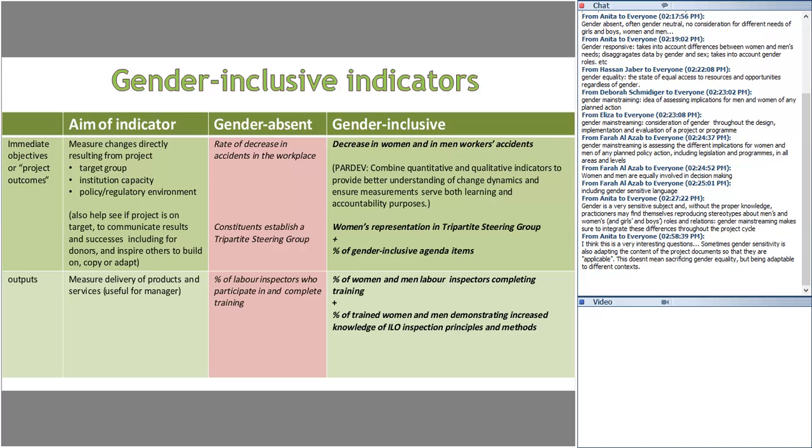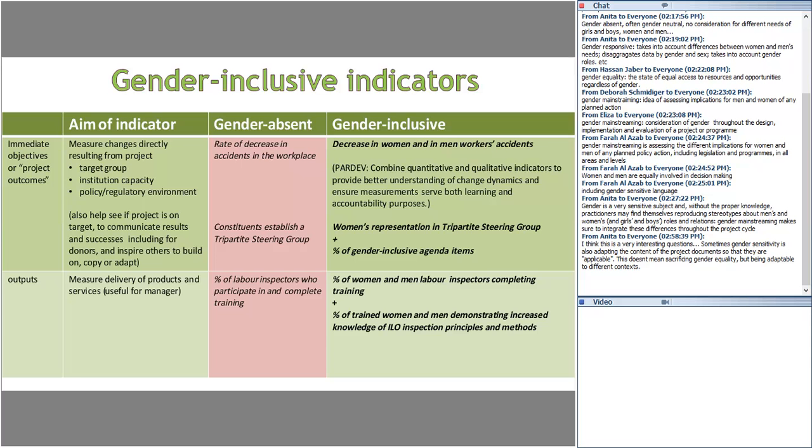Next to that, in the green row, using no more words than that one, I've given you a gender-inclusive quantitative plus qualitative indicator. The first part of the puzzle is women's representation in the tripartite steering group. It's understood that a tripartite steering group has been formed, and I'm tracking women's representation in it with a minimum critical mass of 30% women, and the goal is gender parity, 45 to 55%. Now, my qualitative indicator is percentage of gender-inclusive agenda items.